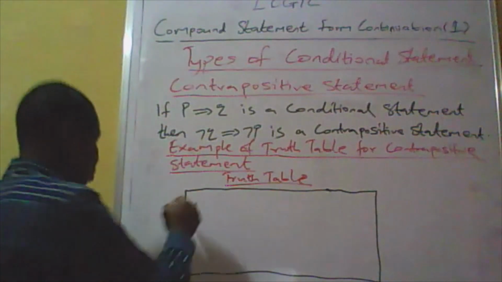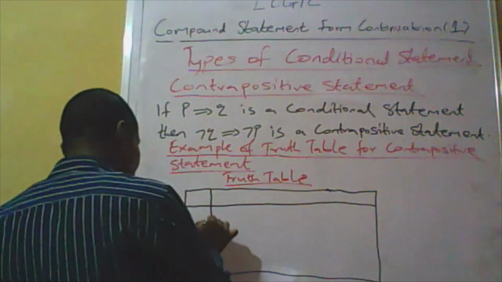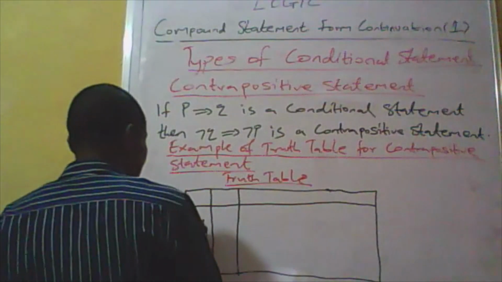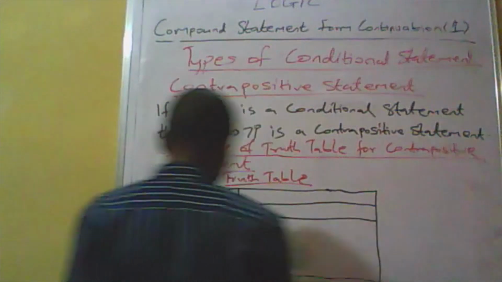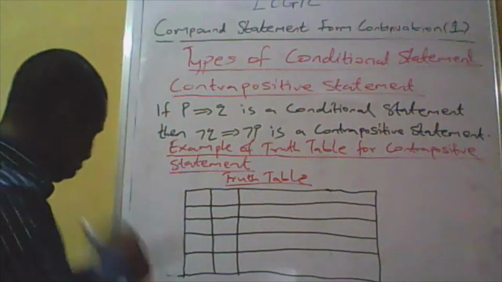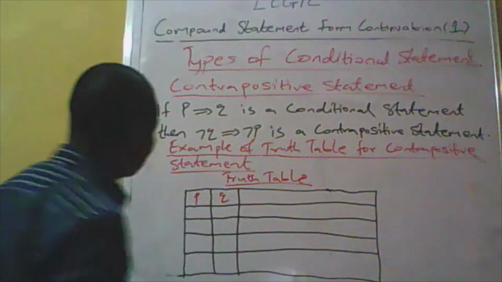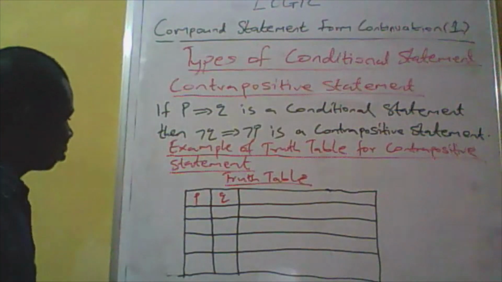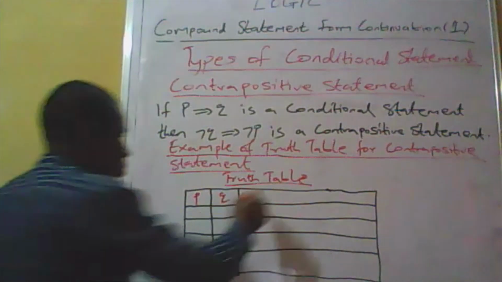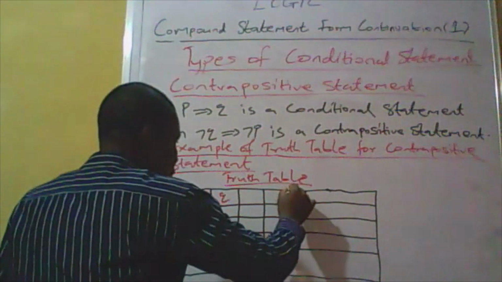The first row contains our statements. Then we have our first initial columns for our simple statements, with the first, second, third and fourth rows. We have P and Q as our simple statements. Then we have the negations, not P and not Q. We draw another column to contain our not P and another column to contain our not Q.